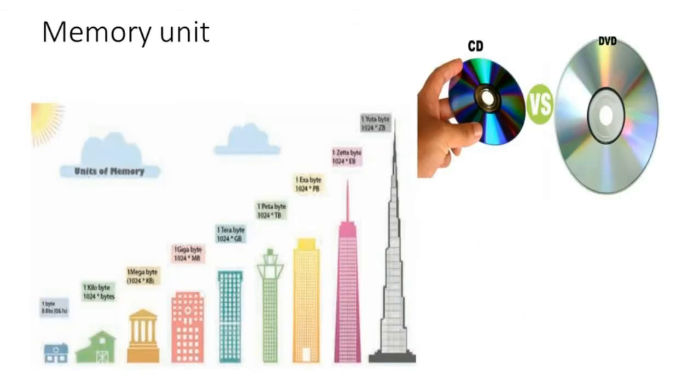Memory units. The data is measured in units, which is called a bit. A bit has a single binary value, either 0 or 1. And do you know, a DVD is capable of storing 6 times more data than a CD.